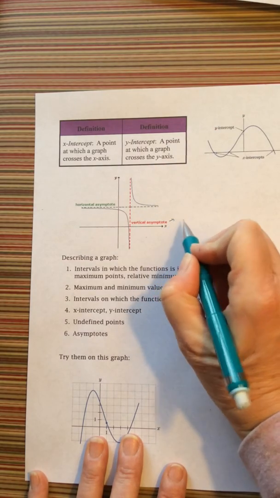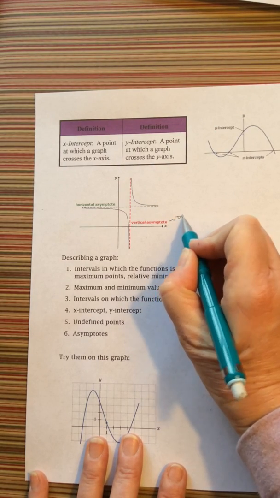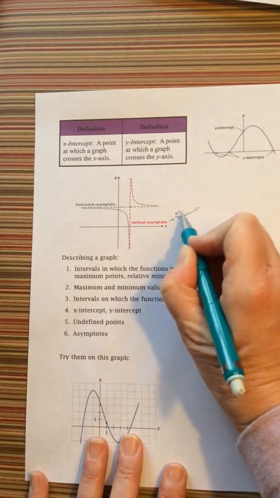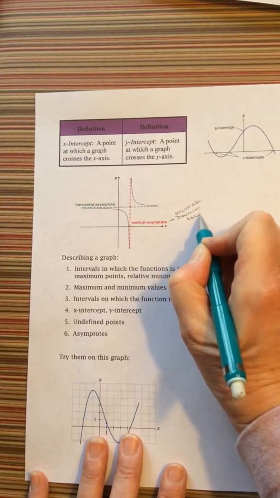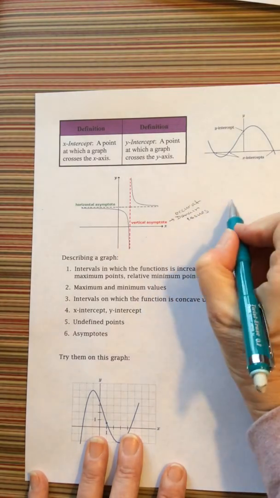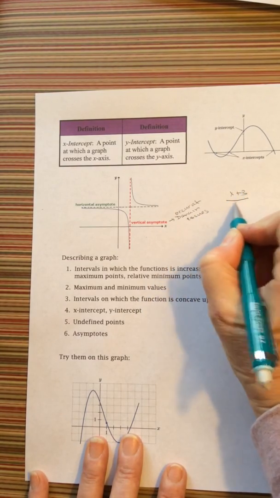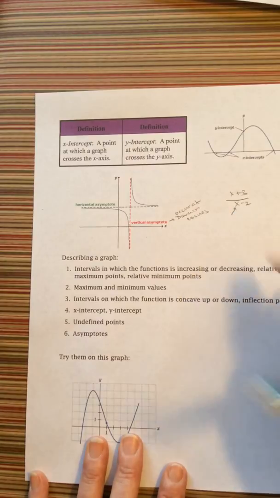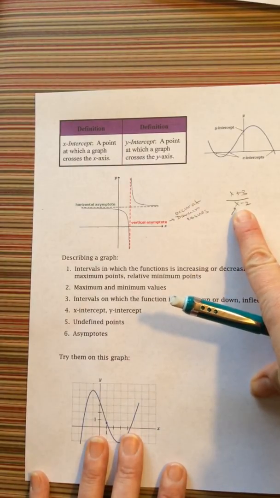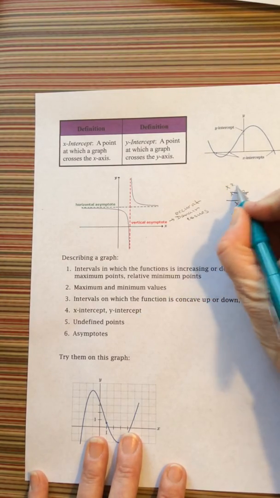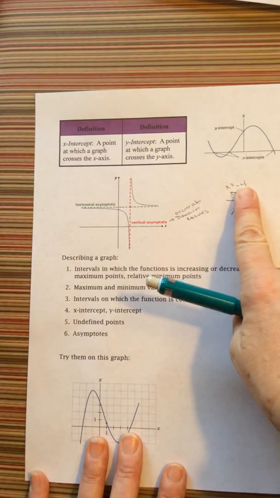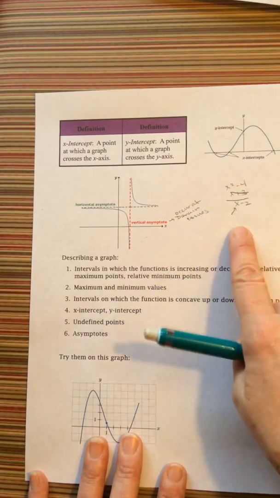Vertical asymptotes are domain, they occur at domain issues. So they would occur if you had a function over another function and x is not allowed to be 2, then you would have a vertical asymptote at x equals 2. They don't occur if you have a function on top and a function on the bottom and there's a common factor.